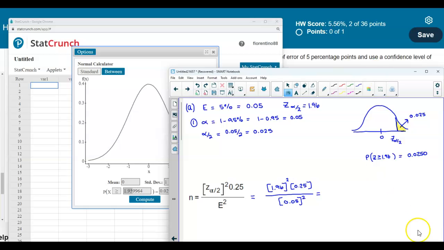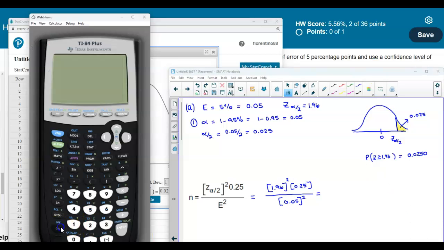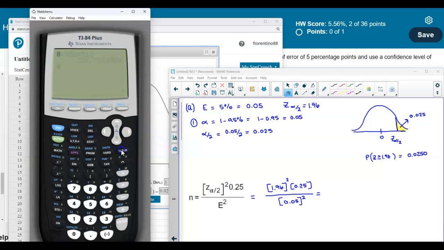So let's go ahead and do this in our calculator. We go parentheses 1.96, close the parentheses, square that, and then multiply that by 0.25. Enter. That's what we have in the numerator. Now I'm going to divide by, in parentheses, 0.05, squared, and that gives us 384.16.